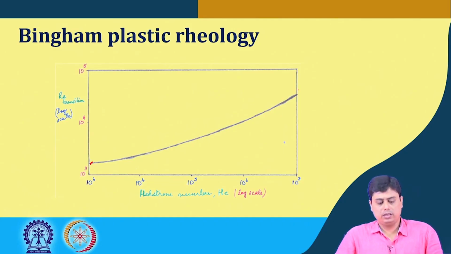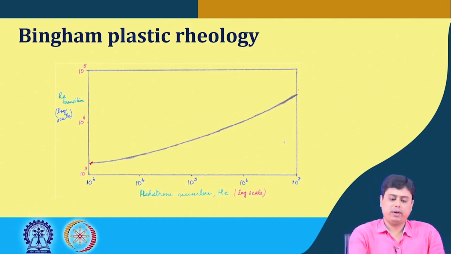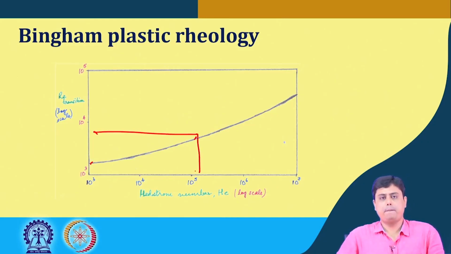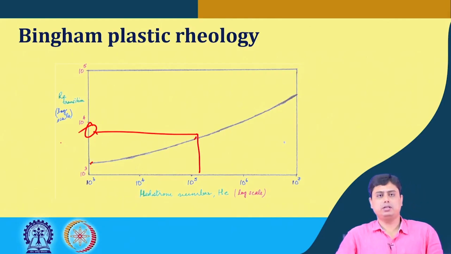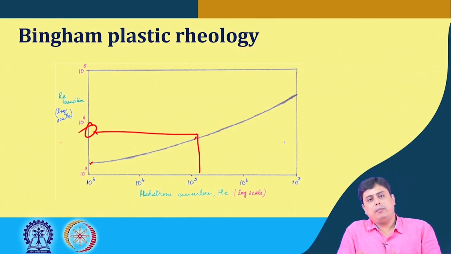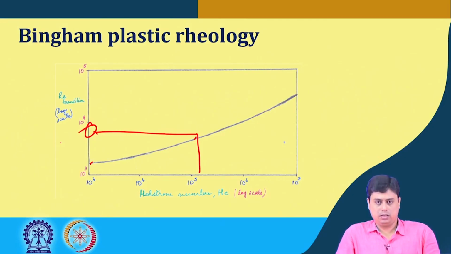So, based on this Hedstrom number, you can find out what would be the transition Reynolds number for that flow, and then you judge whether that Bingham plastic flow is having laminar condition or turbulent condition. So, basically we have to find out what is the Hedstrom number of this Bingham plastic flow, then we look into its transition Reynolds number from this empirical relation.